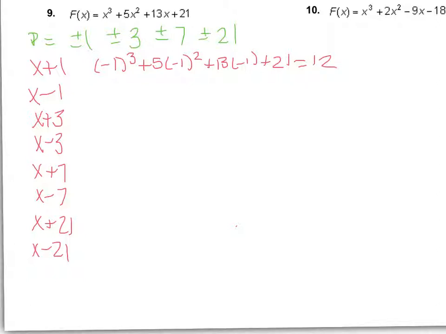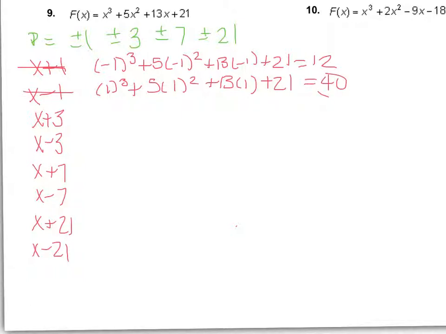So x plus 1 is not a factor. So for x minus 1, I'm going to do positive 1 cubed plus 5 times 1 squared plus 13 times 1 plus 21. Well, when I do that, I'm going to end up with 40. So again, not a factor.